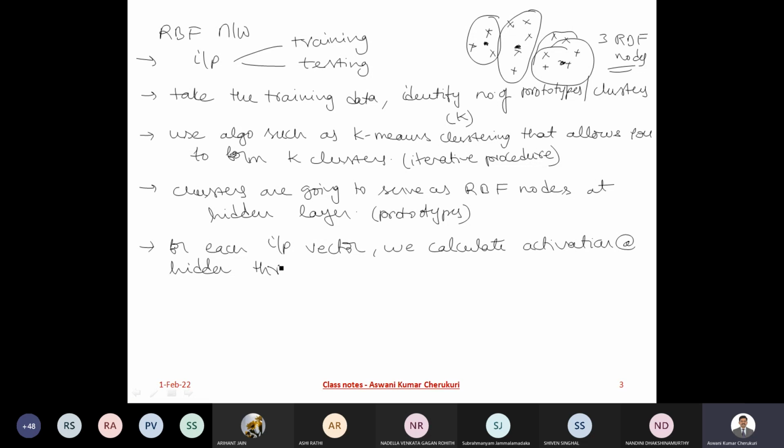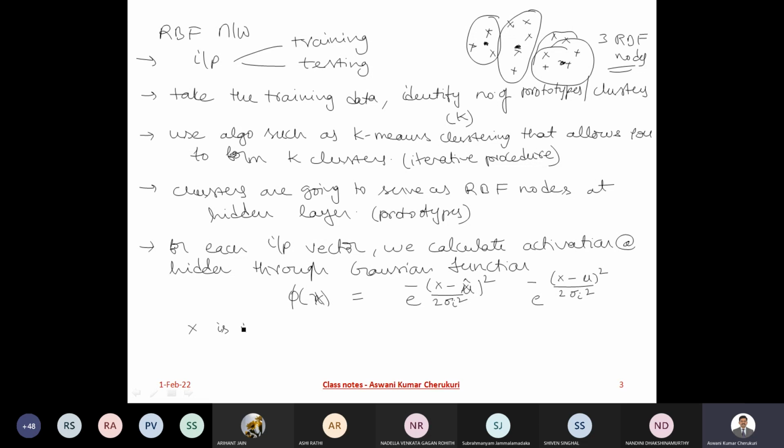Through the Gaussian function, defined as psi of x equal to e power minus the square of x minus mu, divided by 2 sigma i square. Here mu is the cluster center, also written as x cap in some literature.